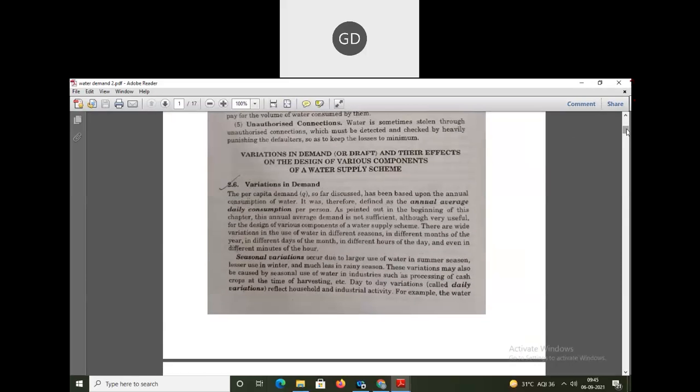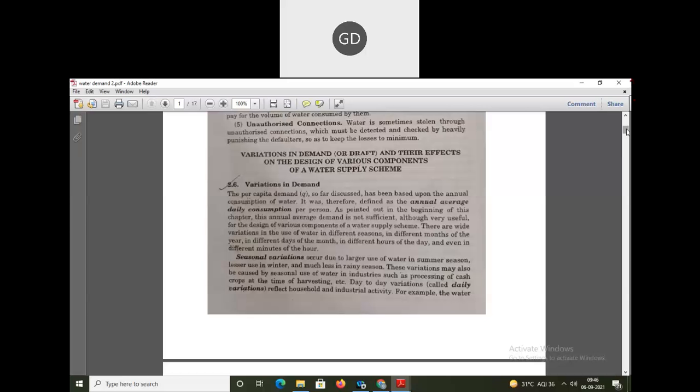Next we are coming to some of the variations in water demand. How the demand of water is varying according to the months, or in the different days of a month, or according to the hours of the day.